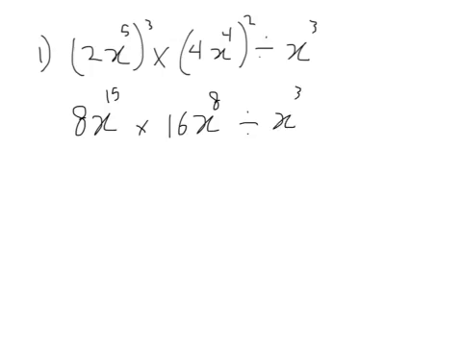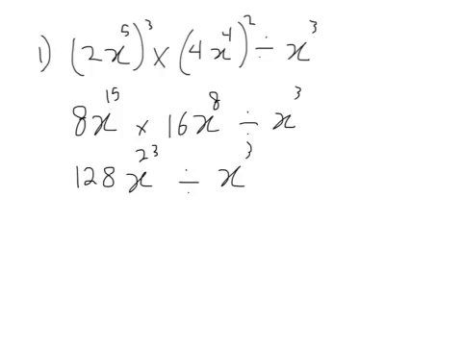Now, we can multiply 8 by 16, which gives us 128, and the x to the power 15 times x to the power 8, add the powers, 15 plus 8, which is 23. Leave the last one as it is. Now we can simplify.